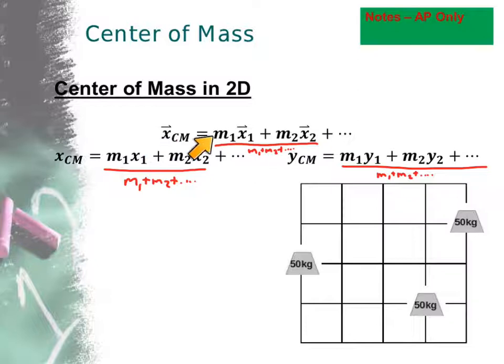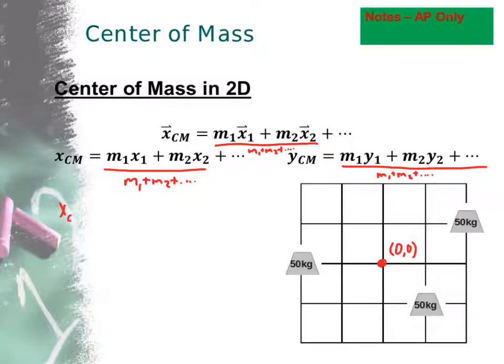So you can either use a vector notation, or you can choose to split the vector into x direction and y direction, and then figure out the x and y coordinates of the center of mass. So let's assume that this is our origin, 0, 0. And let's figure out what the center of mass of this 3-body system is. Well, let's figure it out in x first.